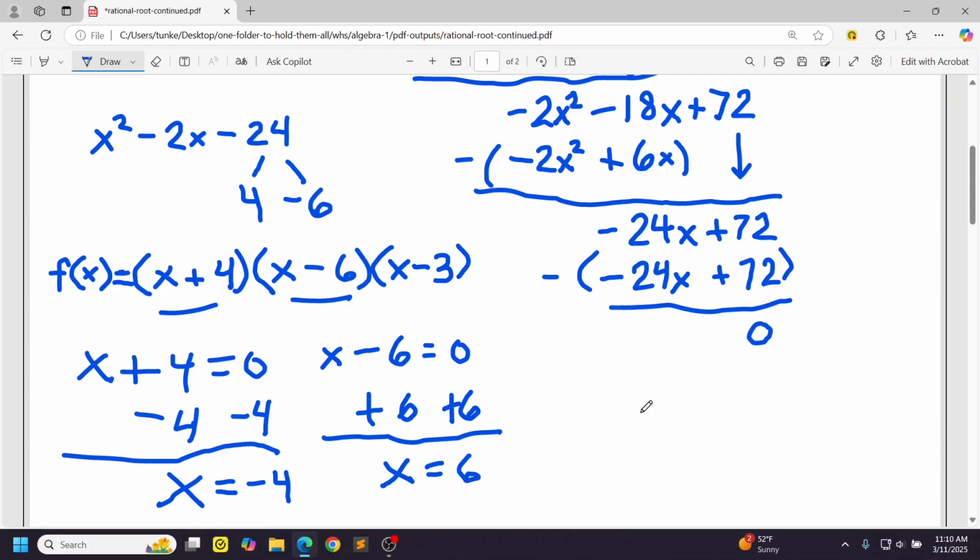So to recap, the three zeros are x equals 3, x equals negative 4, and x equals 6. And if you want to double check this, you can put the original function into Desmos and it will cross the x-axis in those spots.